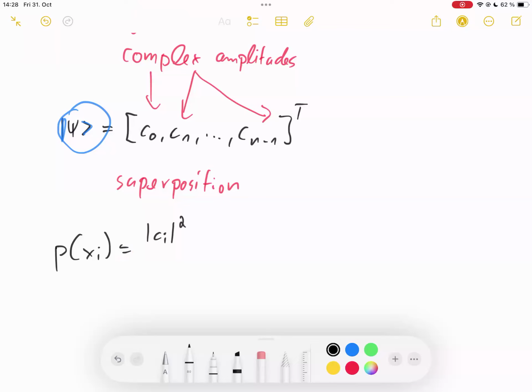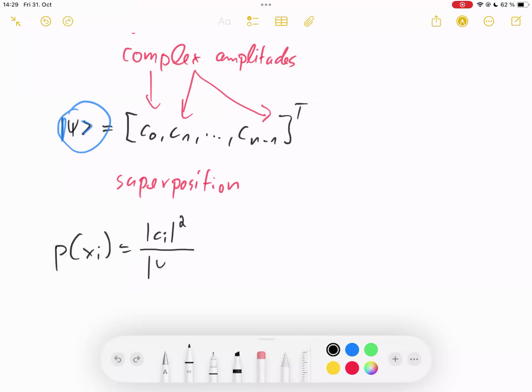And if you remember from last week, we said that all of these modulus squared entries of our state need to add up to 1. But that may not necessarily be the case, so we need to normalize. Normalizing means we take our psi ket, which is a vector, and we take that vector's norm and square it.